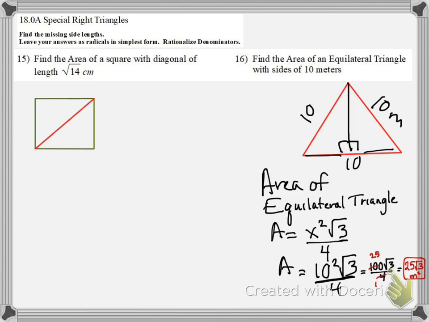Let's look at 15. 15 says the area of a square with a diagonal of length root 14. And I want you to remember that the formula for the area of a square equals the base times the height. And I don't know the base and the height yet, but they told me the diagonal is the square root of 14.